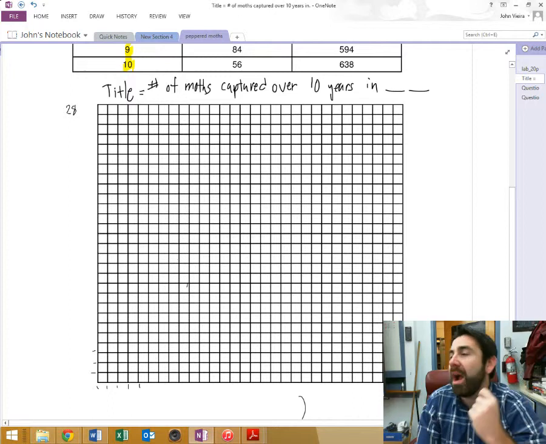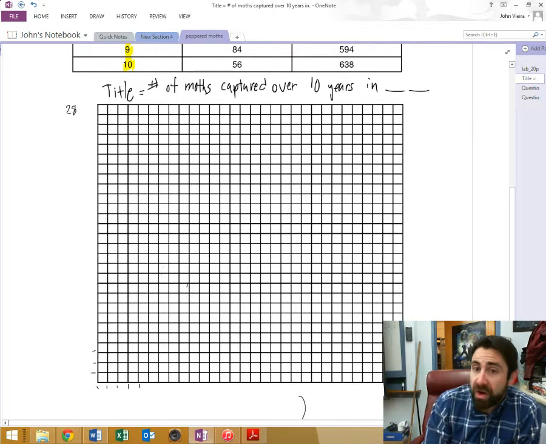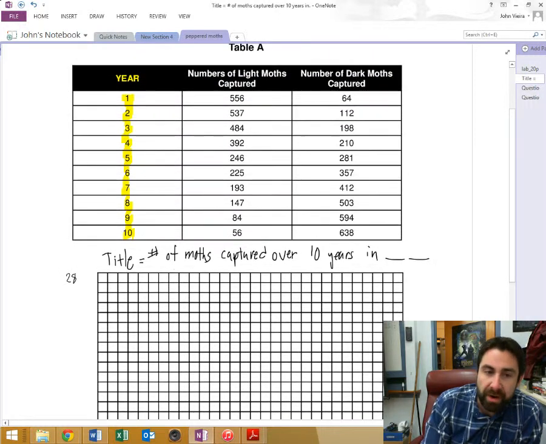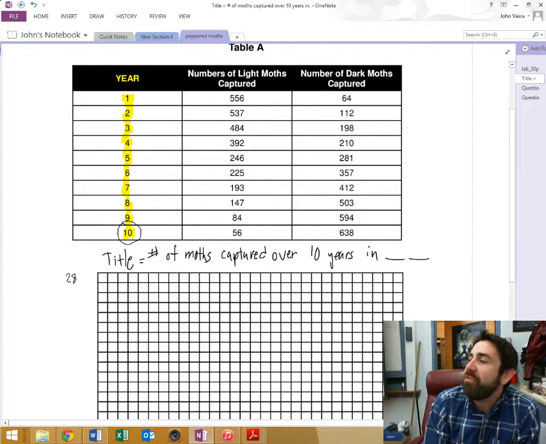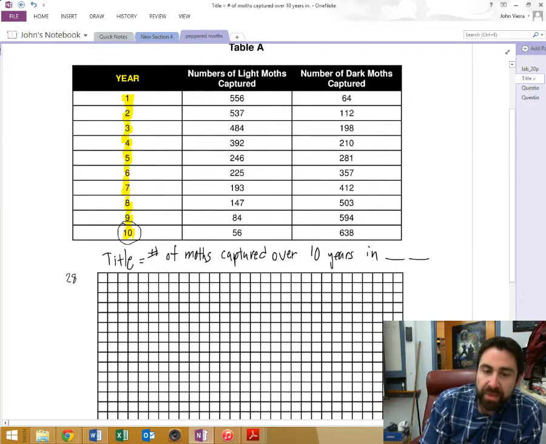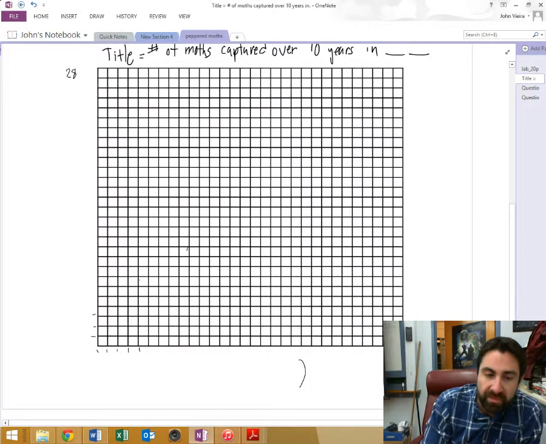And the way that you figure out what each line should be worth is you take the largest number of your data set, which in this case is 10, and you divide it by the number of lines. So if I want to know what each one of these lines should be worth, I take 10 and I divide it by 30.